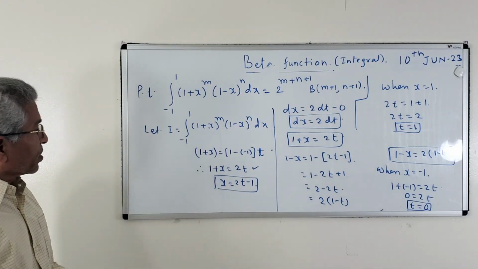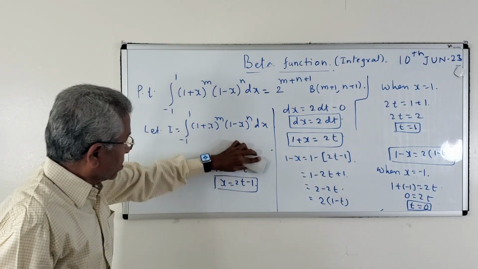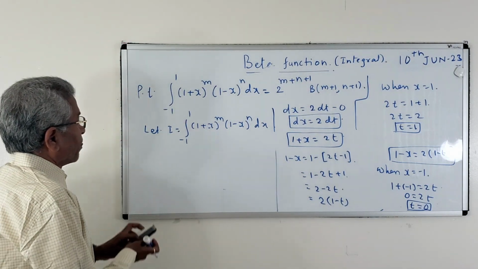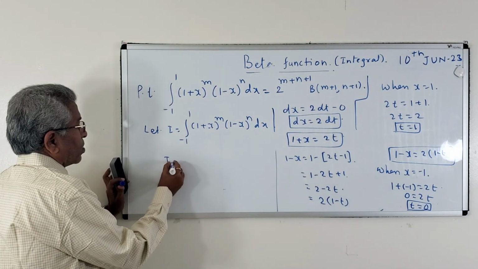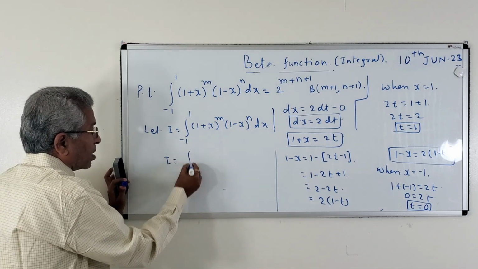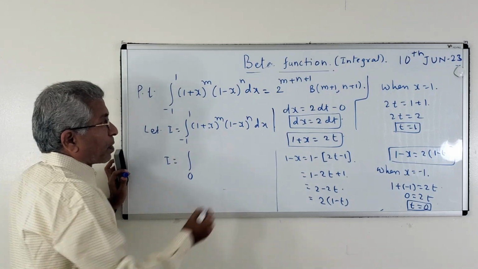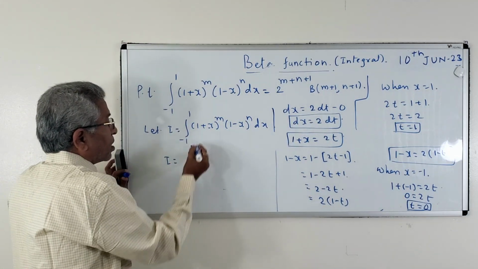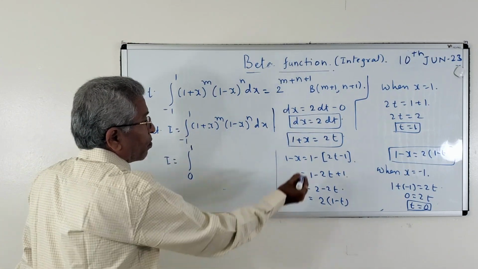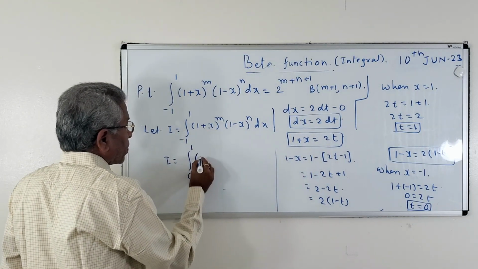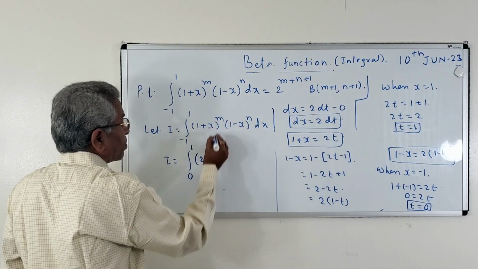Now, let us see the integral. I is equal to, so here I write the value of I. What is the lower limit of t? 0. The upper limit of t is 1. So what is 1 plus x? 1 plus x is 2t raised to m.